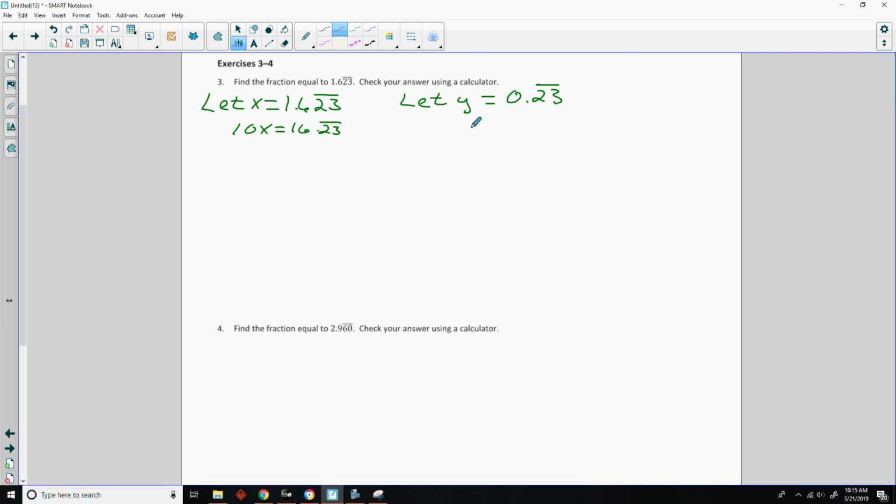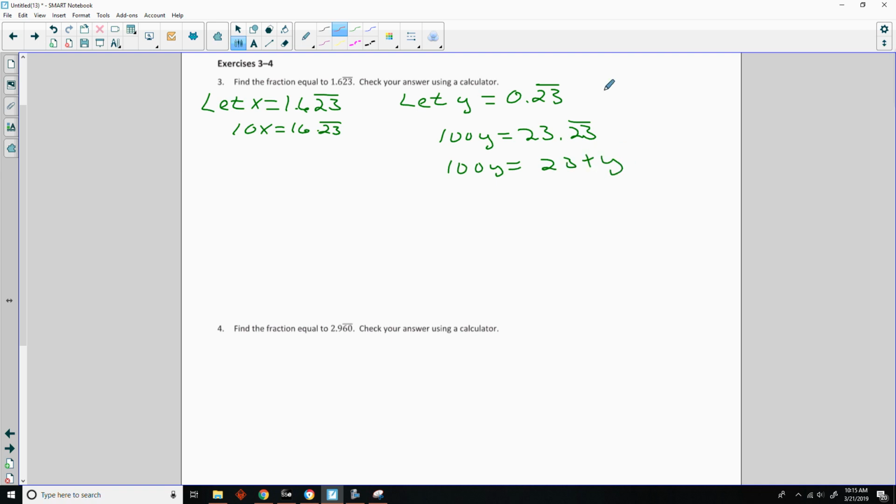So now I need to find the value of y. All right, so this is 100ths. So 100y equals 23.23 repeating. So 100y equals 23 plus y.